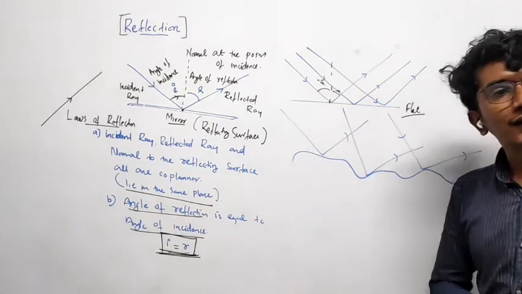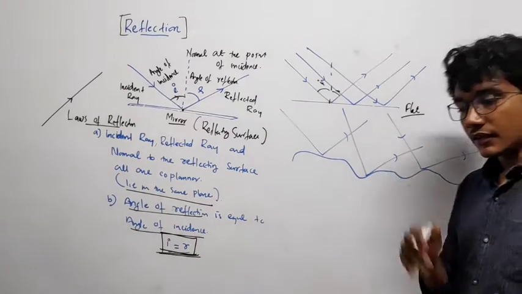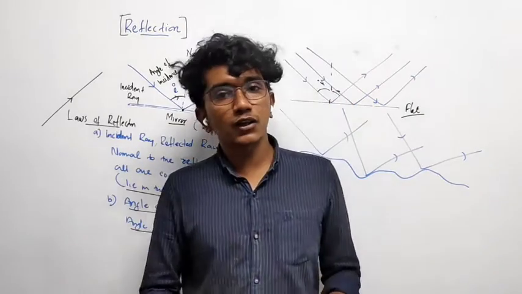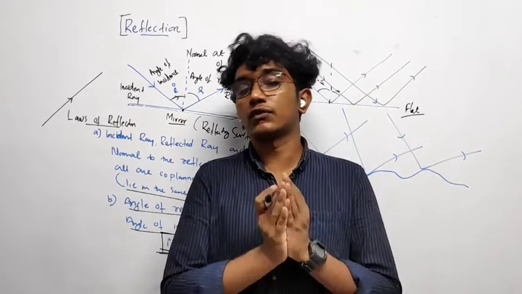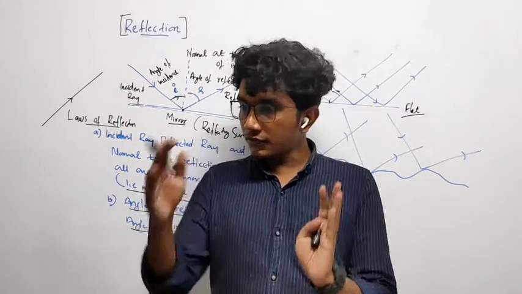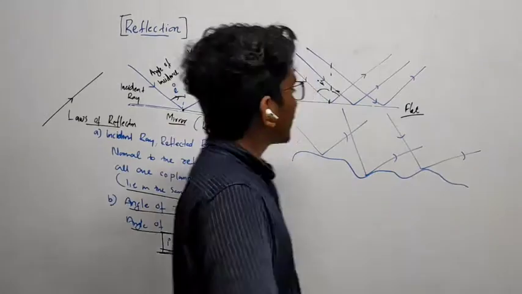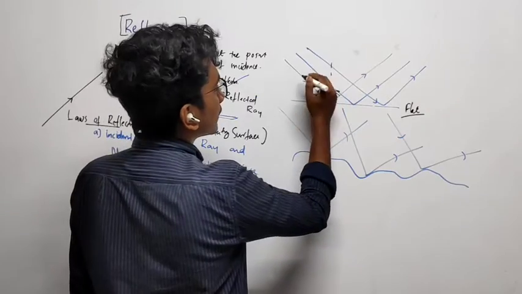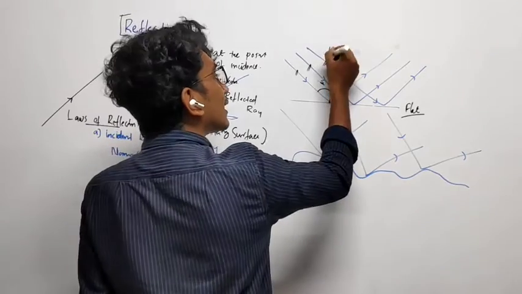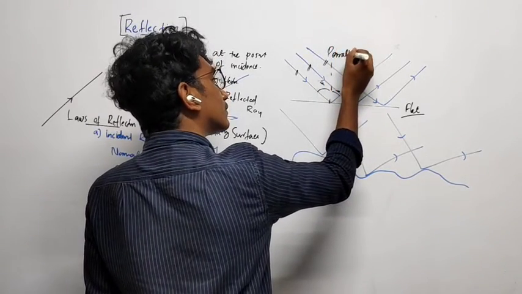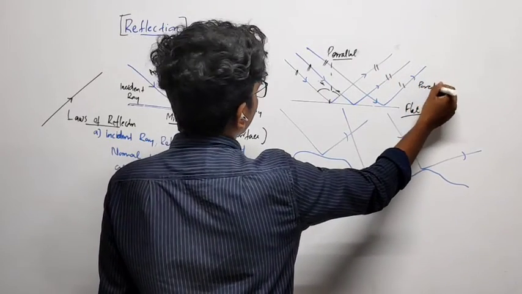One thing I would like to tell you is that whether it is a flat surface or a curved surface doesn't matter, it will obey the laws of reflection. Whether it is a curved surface like this or a flat surface, it will give reflection. But in the case of a flat surface, look at this, all the incident rays are parallel and all the reflected rays are parallel.